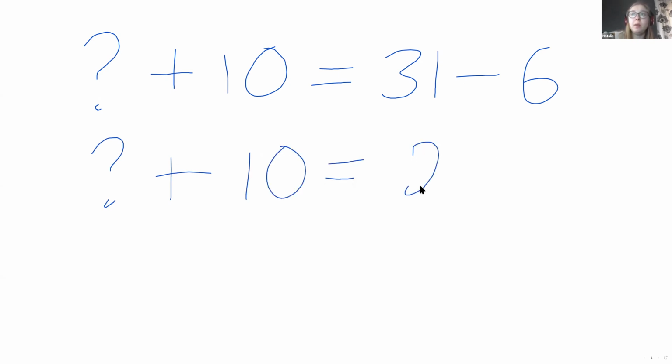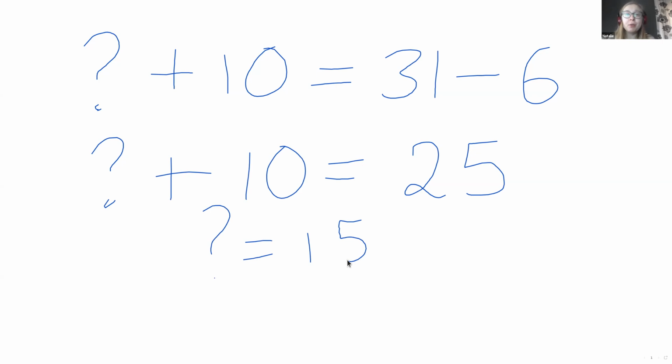It's equal to 25. Did you get it right? Excellent, well done. So something plus 10 equals 25. What can I add to 10 to get 25? Well, my question mark must be 15, because 15 add 10 gives me 25.